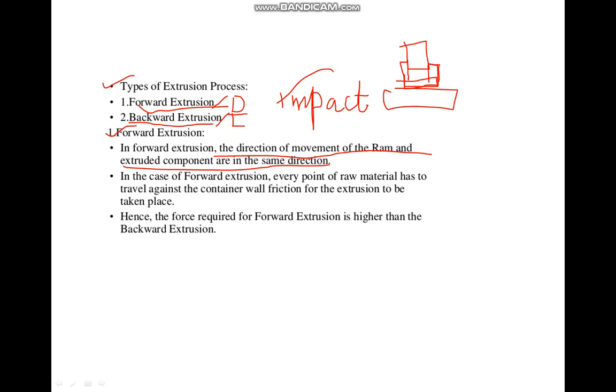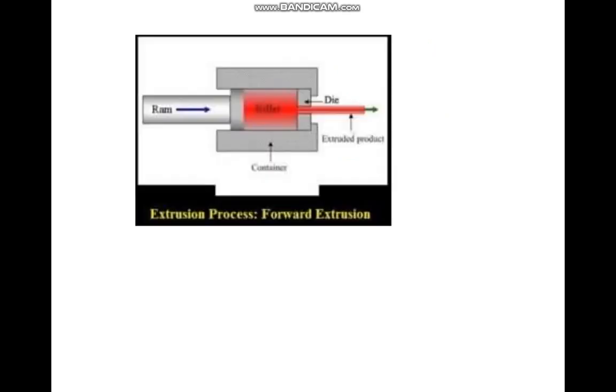In the case of forward extrusion, every point of the raw material has to travel against the container wall friction for the extrusion to take place, and the force required is higher than in backward extrusion. So this is the block diagram of the forward extrusion process. It consists of the ram, container, die opening and the billet. So what will happen in this process?